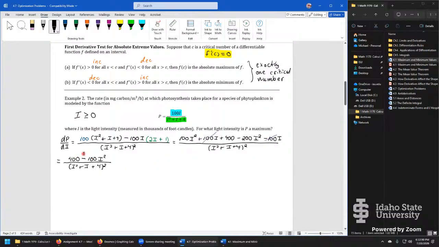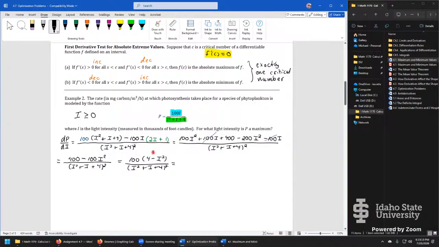And we see a situation kind of like this in section 4.3. The numerator factors, we can factor out 100. That's going to leave 4 minus I squared over the I squared plus I plus 4. And then we continue to factor.